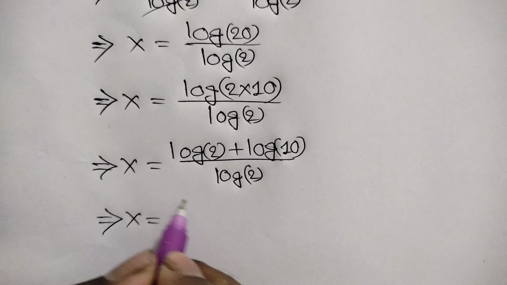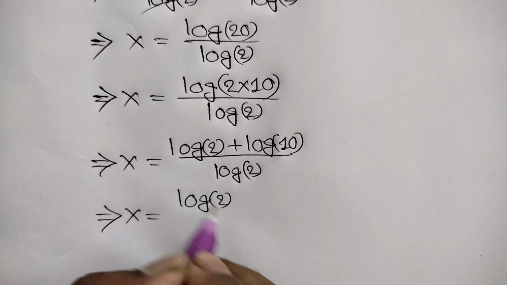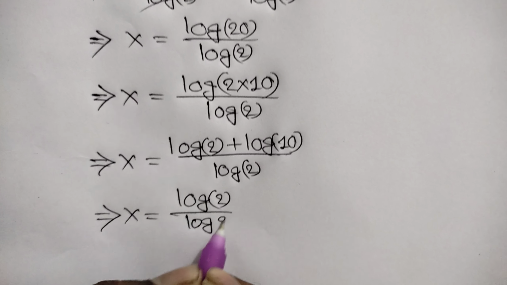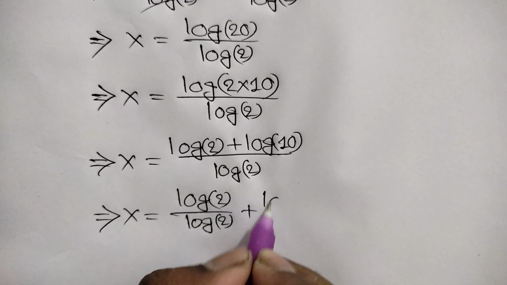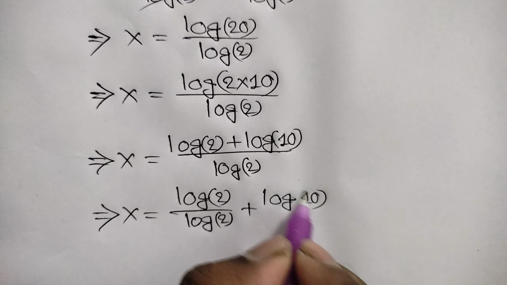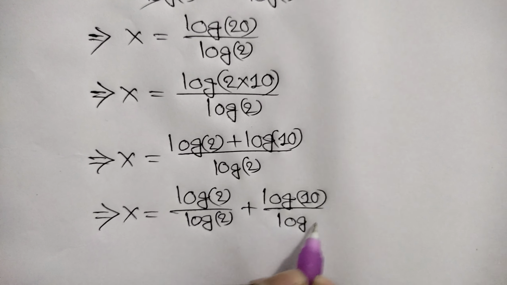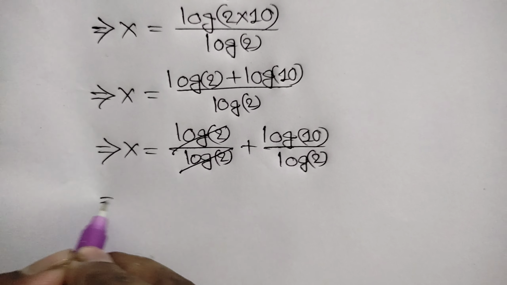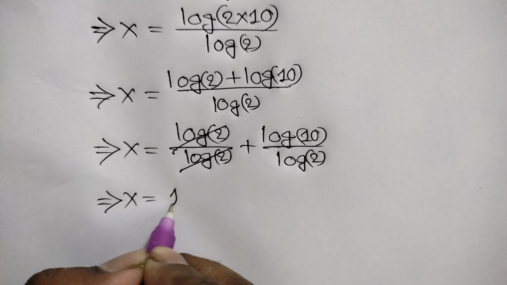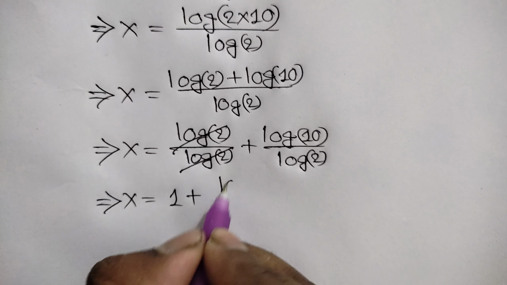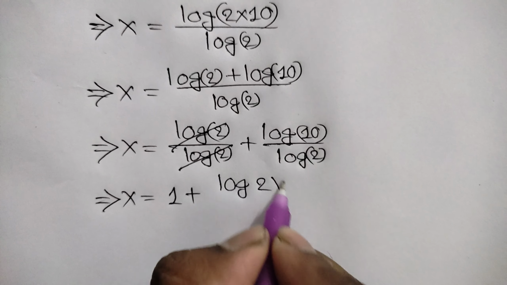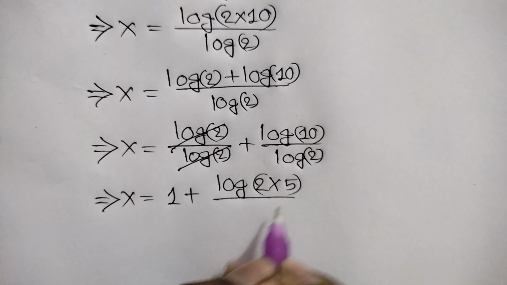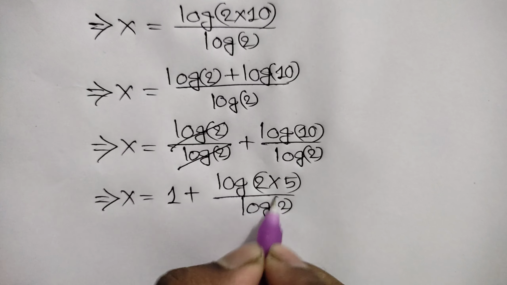Then x is equal to log of 2 over log of 2 plus log of 10 over log of 2. Now this cancels this, so x is equal to 1 plus log of 10, which can be written as log of 2 times 5, over log of 2.